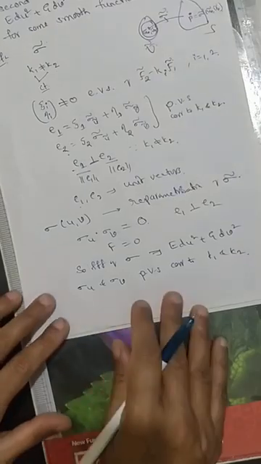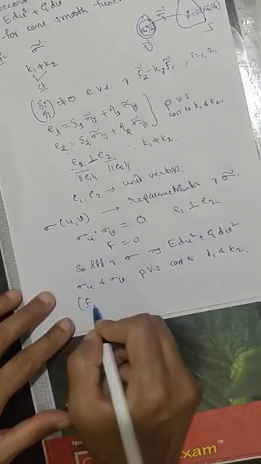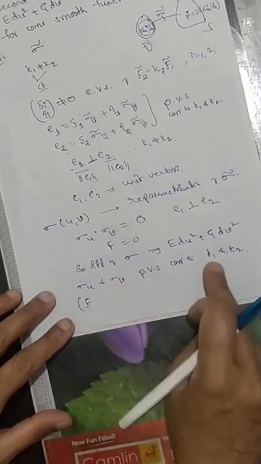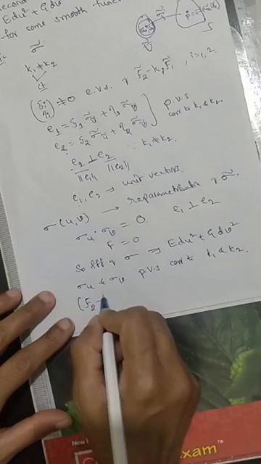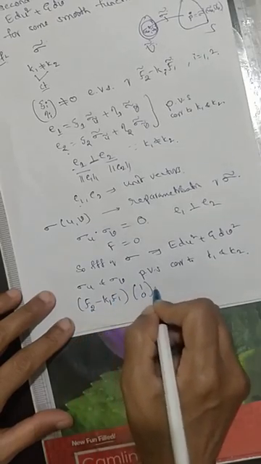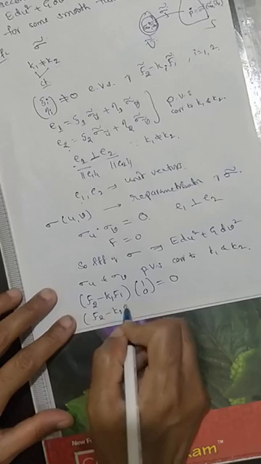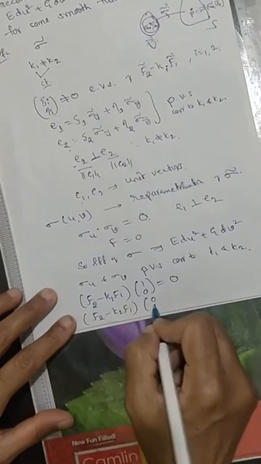By the definition of the principal vector, we have (F2 minus k1 F1) times (1, 0) equal to 0, and (F2 minus k2 F1) times the other vector (0, 1) equal to 0.